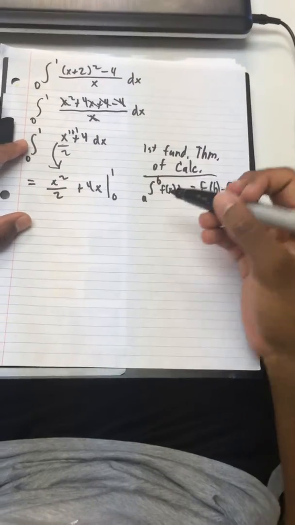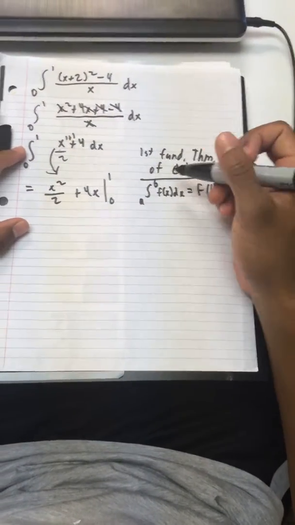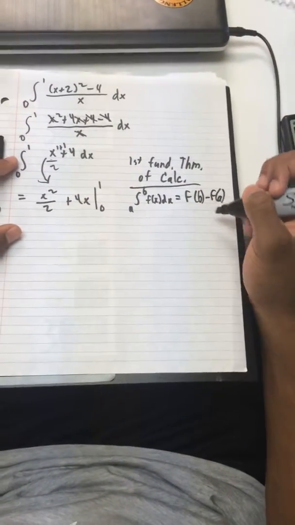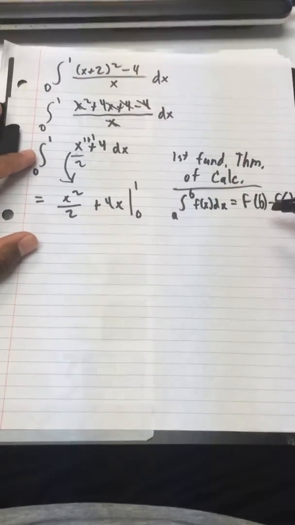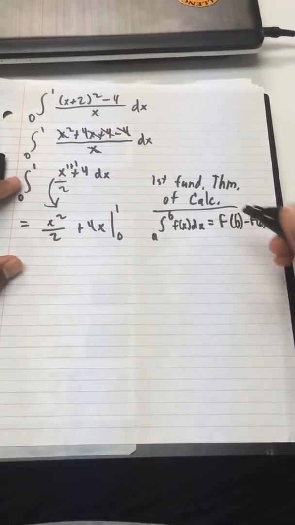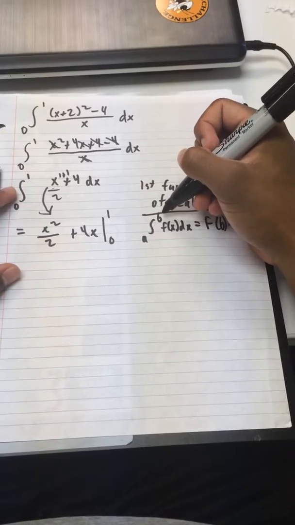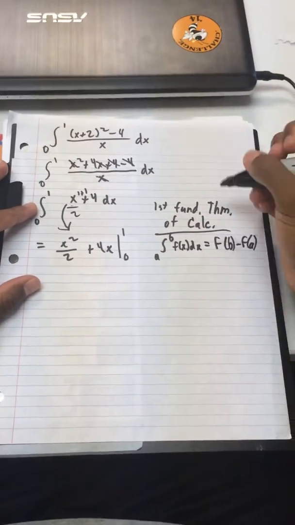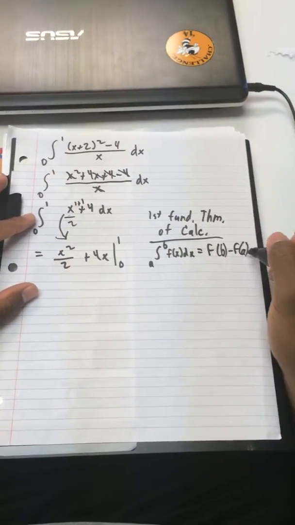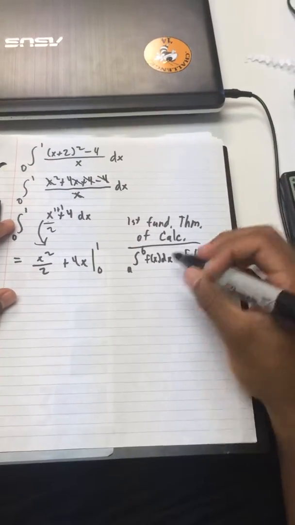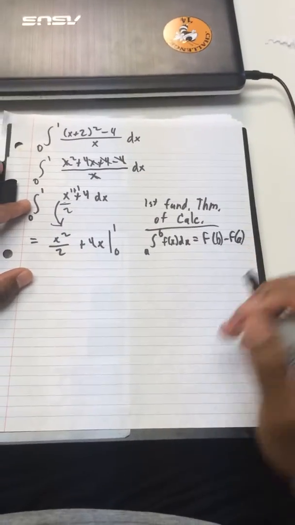And what this means is the definite integral from a to b of a function is going to be equal to the antiderivative of the function evaluated at b. You're going to sub your b in for your x, minus the a in for your x of the function. So F(b) − F(a).